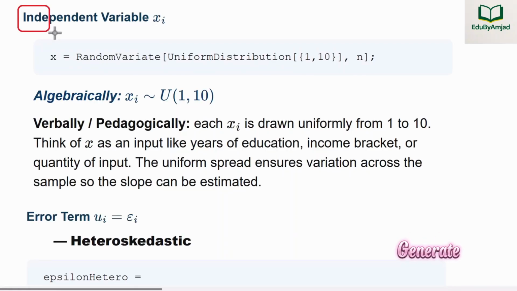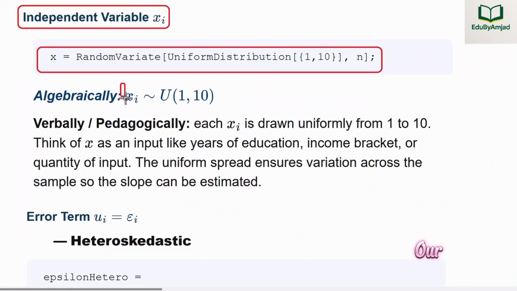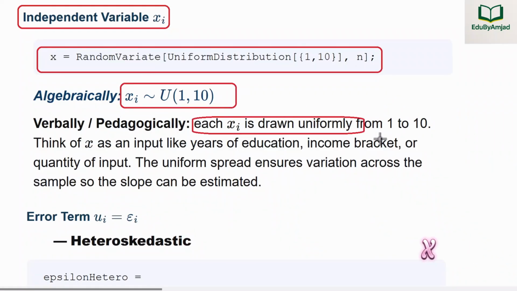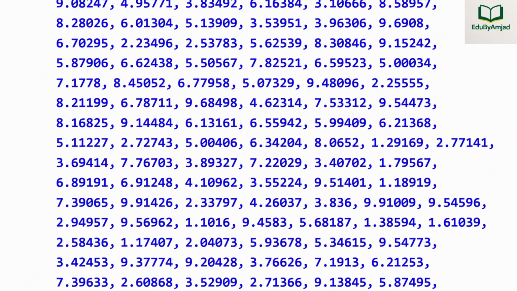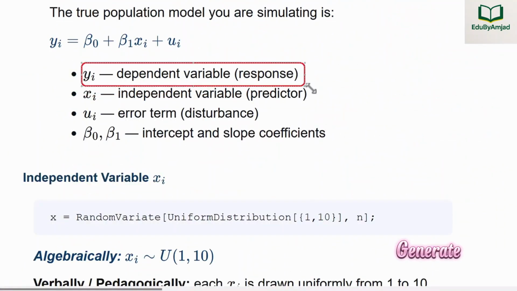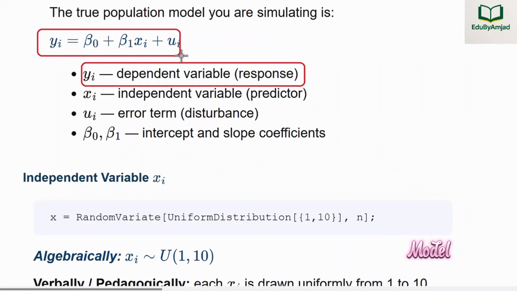First, let's generate the necessary data. For our independent variable, x, we draw 200 random real numbers, uniformly distributed from 1 to 10. To generate the dependent variable, y, we begin with a simple regression model.